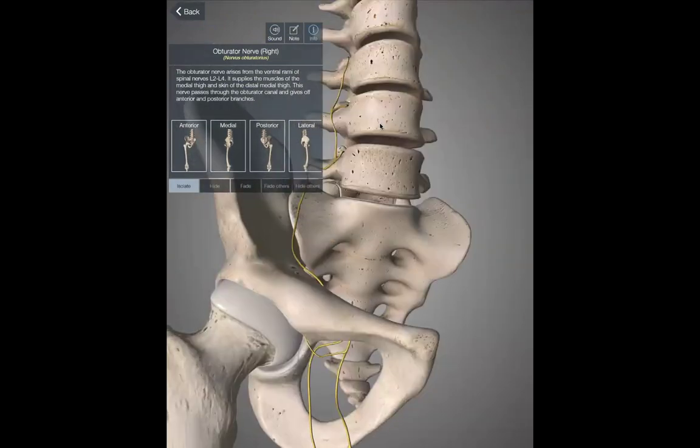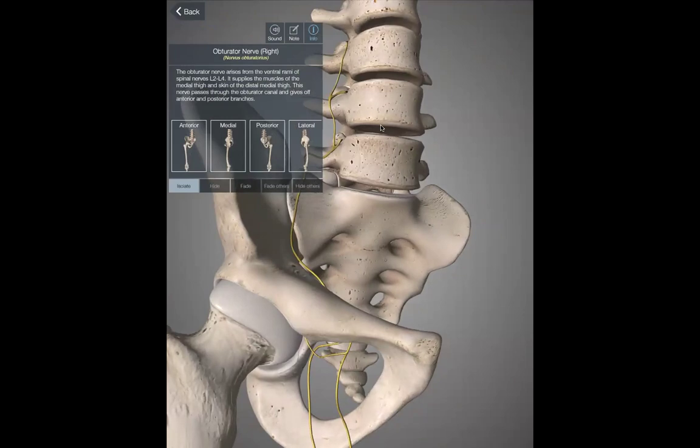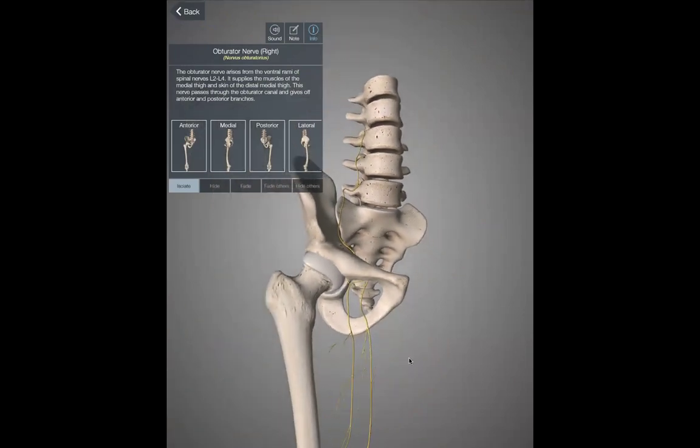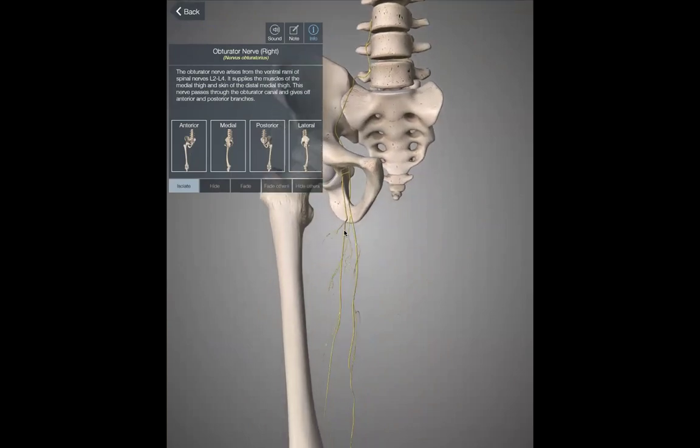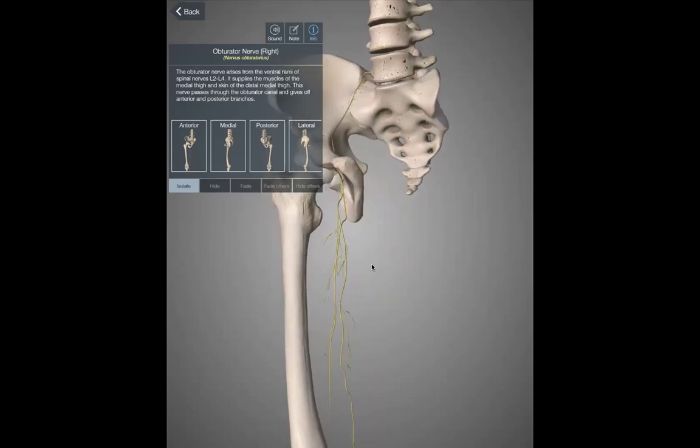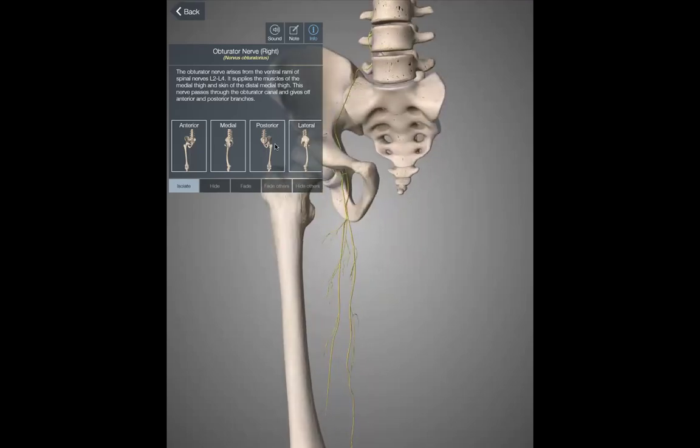The obturator nerve arises also from L2, L3, L4. It innervates, because obturator, so obturator foramen, the medial thigh muscles, hence obturator externus, adductor longus, adductor brevis, adductor magnus, and gracilis. This is the motor function of the obturator nerve. And sensory innervates skin over the medial thigh. That's it. This is the obturator nerve.